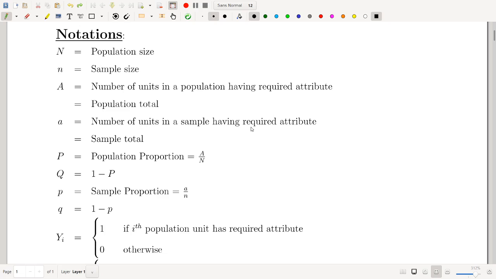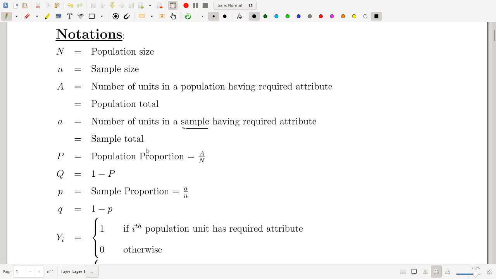Small a means the number of units in a sample having the required attribute. Suppose we take some sample from a population, and in that, how many units are there having the required attribute. We can say this is the sample total.